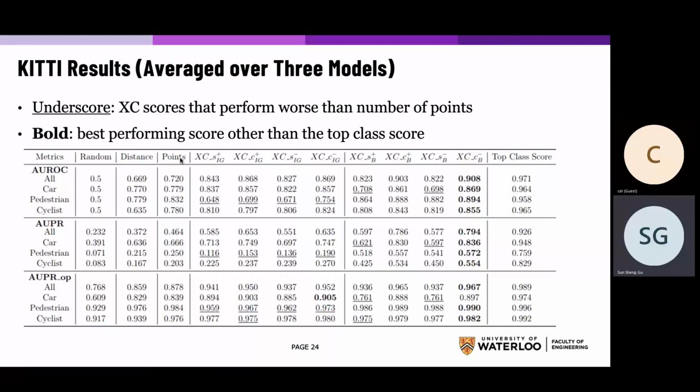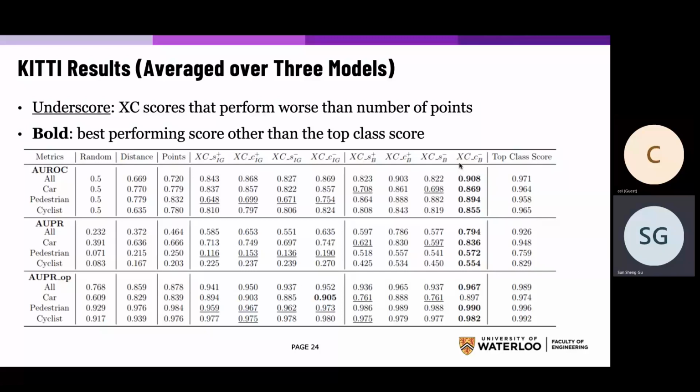Perhaps if a bounding box has more points, it's more likely to be a true positive prediction, something like that. And we also have random guess as a baseline for comparison. We can see that in most cases, for all three different metrics and for all the different object classes, the best performing score is always the top class score.